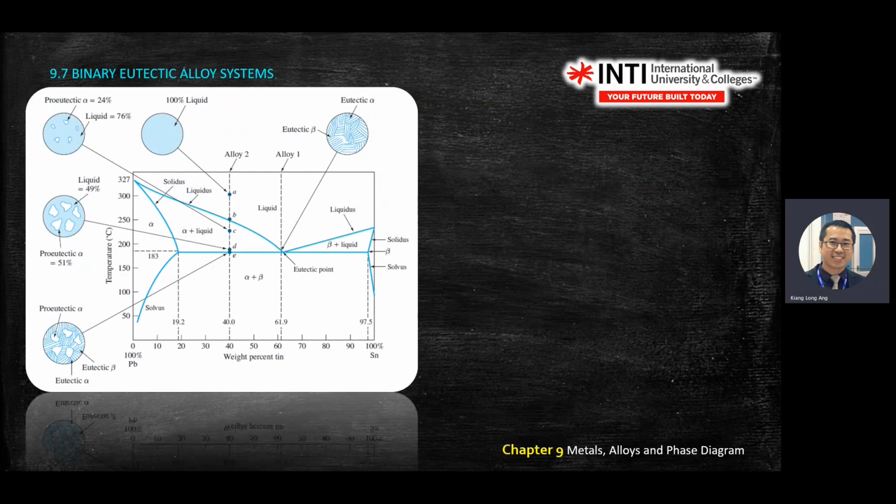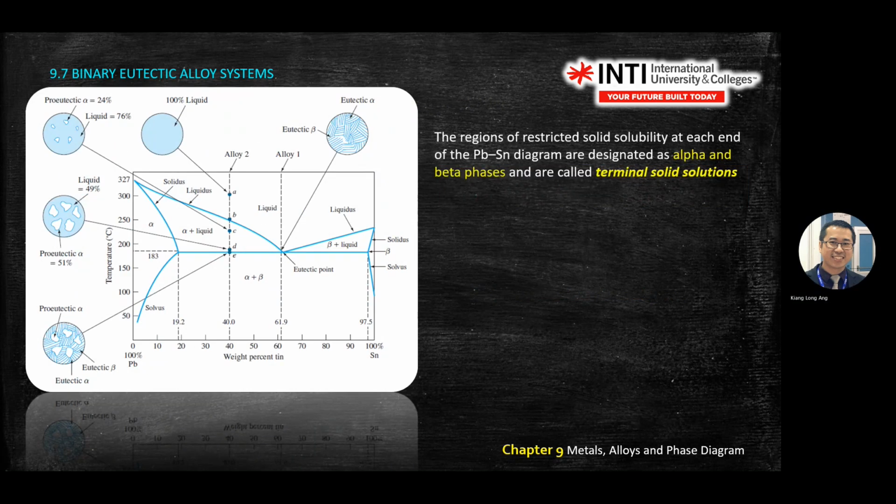We will start to dissect this diagram. So the region of restricted solid solubility at each end of a Pb-Sn diagram is designated as alpha and beta phases, called terminal solid solution. Where does this statement say that? If you look at the diagram, look at the far left and far right.